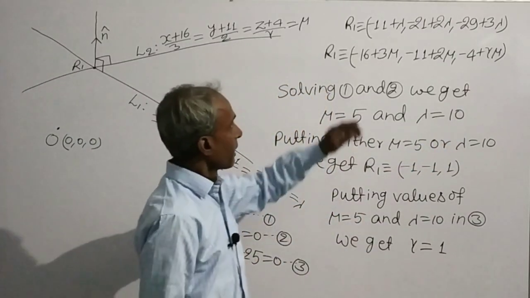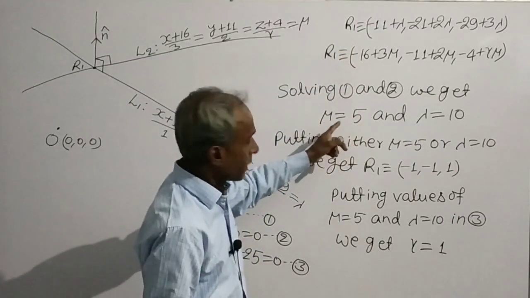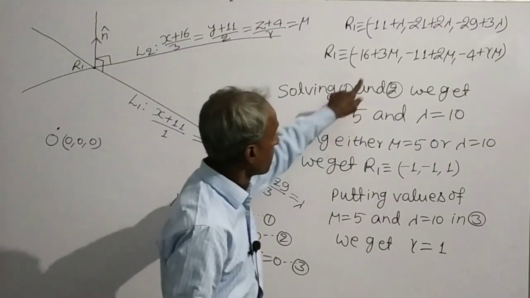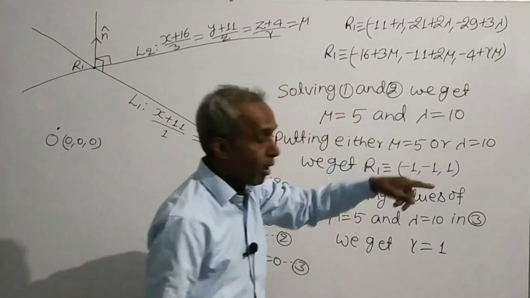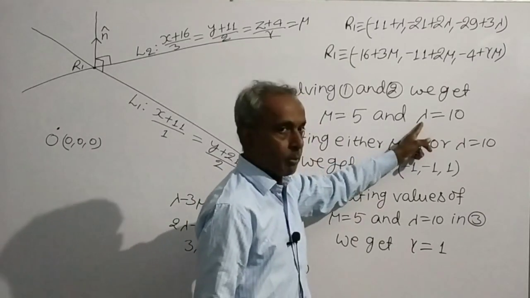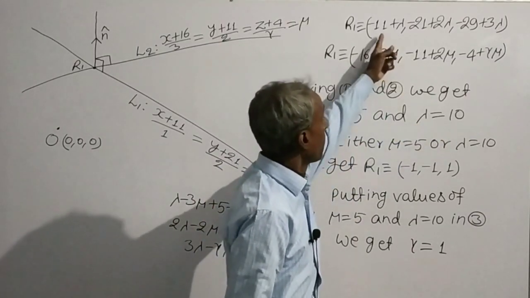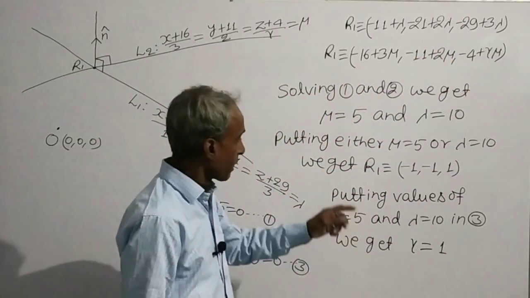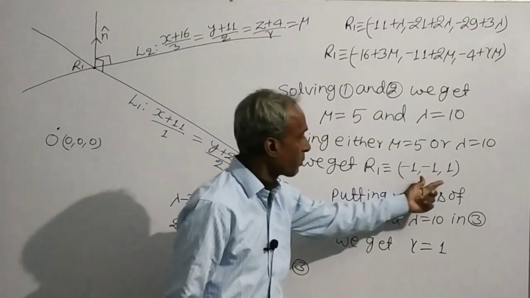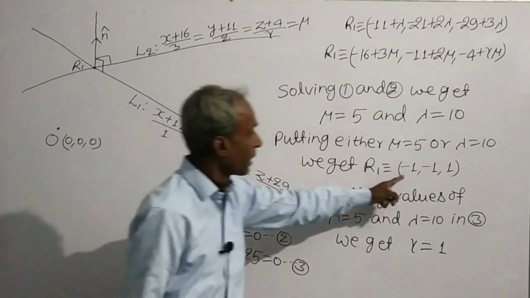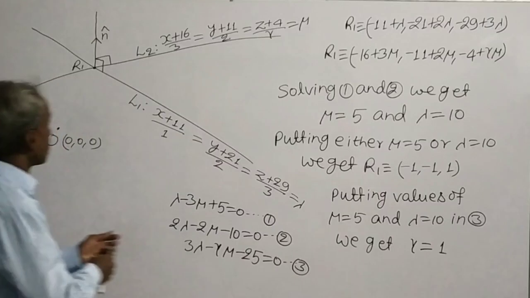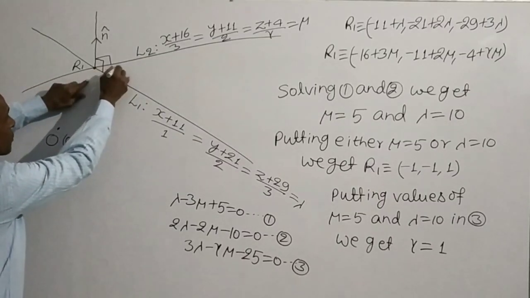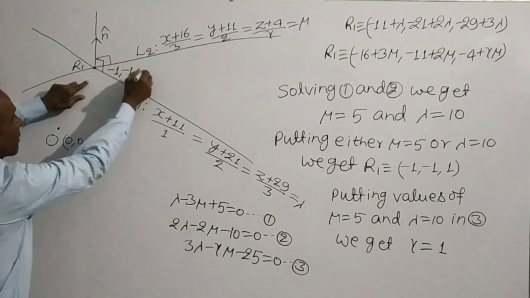Either we can put the value of mu equal to 5 in this coordinate, or we can put the value of lambda equal to 10 in this coordinate. Then we get the coordinates of point R1 as -1, -1, 1.